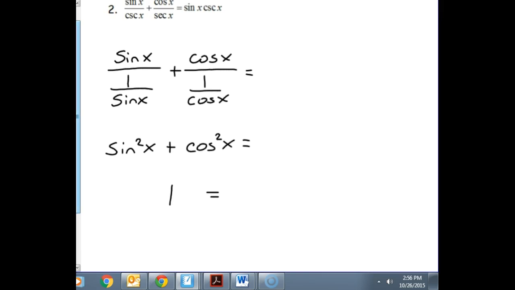So I can say that this is sine x cosecant x, right? Because that's what 1 is. Equals, well, hey, that's my answer, right? So sine x cosecant x, and check. We're done.